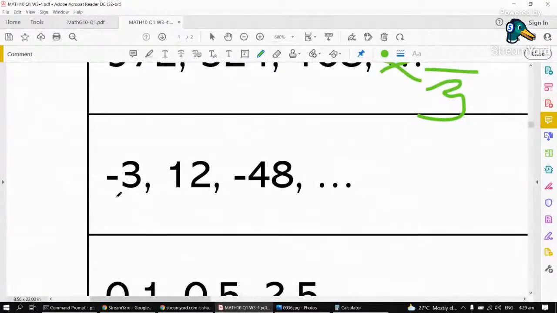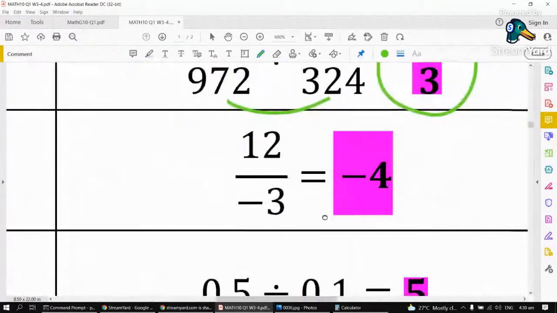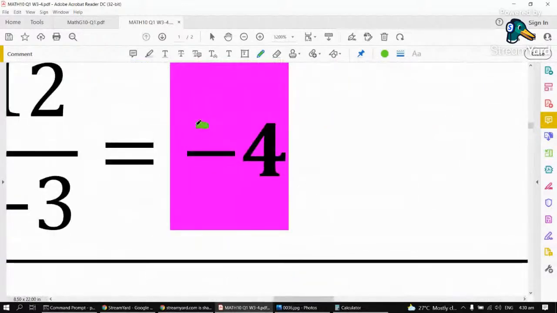So, makikita natin na yung sign ay nagpapalit-palit. Yung una is negative, yung sign ng pangalawa is positive, and then yung sign ng pangatlo is negative. So, pag ganyan nagpapalit-palit ang sign, ang ating ratio is a negative number.